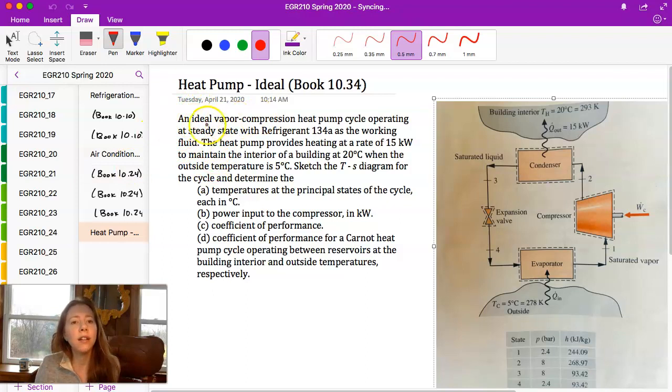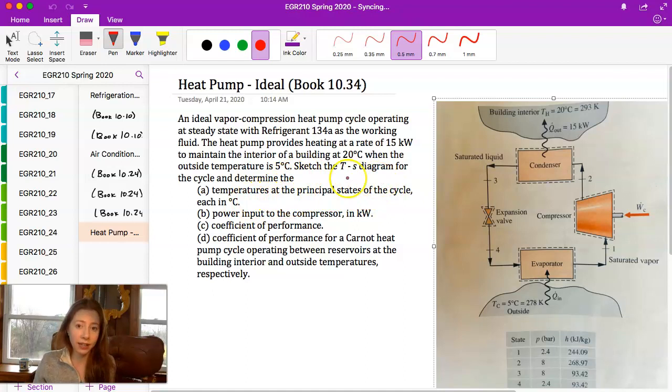And it says, an ideal vapor compression heat pump cycle operating at steady state with refrigerant 134A as the working fluid. The heat pump provides heating at a rate of 15 kilowatts to maintain the interior of the building at 20 degrees Celsius when the outside temperature is 5 degrees Celsius.